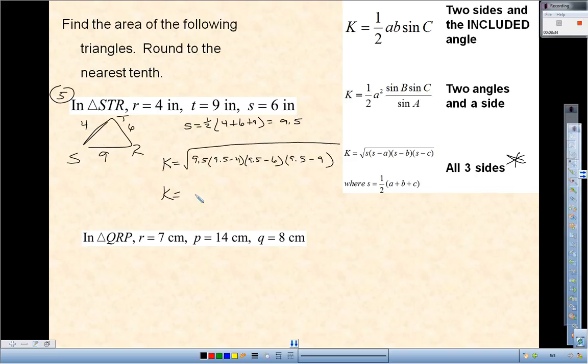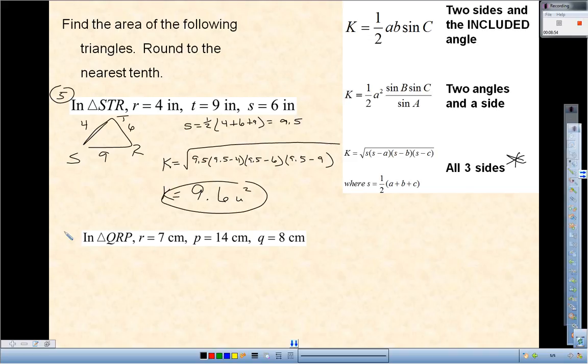The main issue with this formula is that it takes a lot of typing. But just like the other two formulas, once you get it in there, it works pretty well, and I get 9.6 units squared for that one.